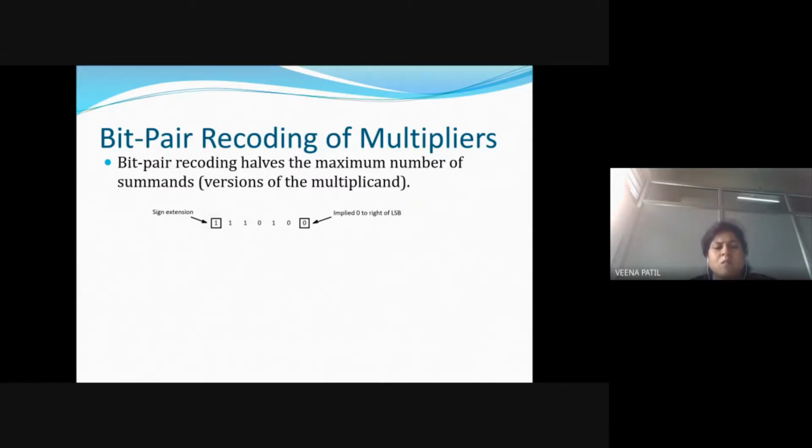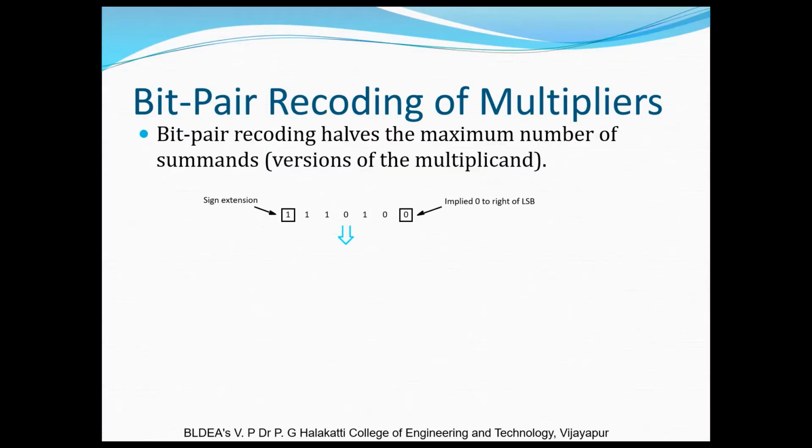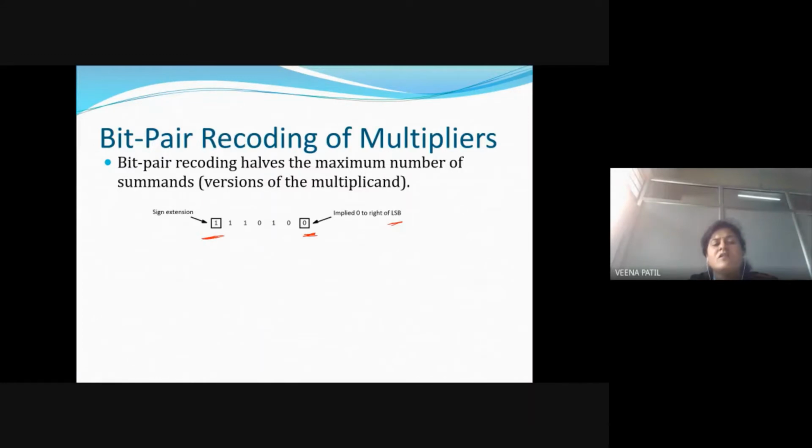Now in Booth's algorithm, we had assumed an imaginary 0 and one more imaginary bit that will be the sign bit. Whatever sign we are assuming here, sign extension has to be done.